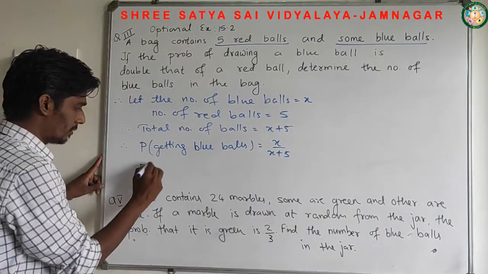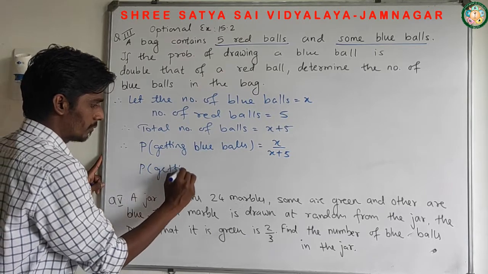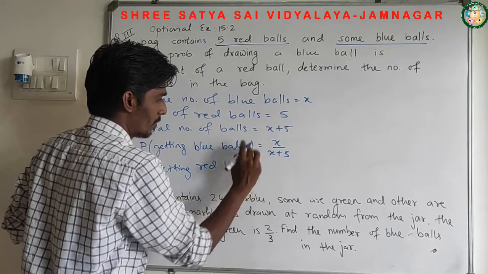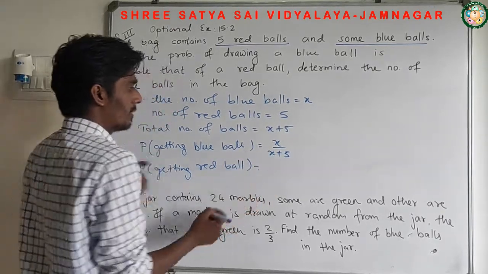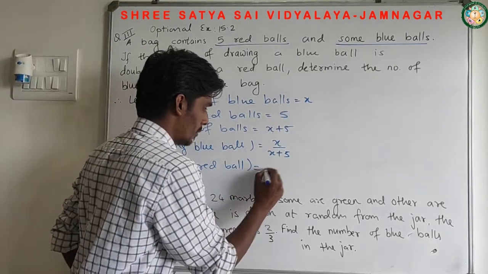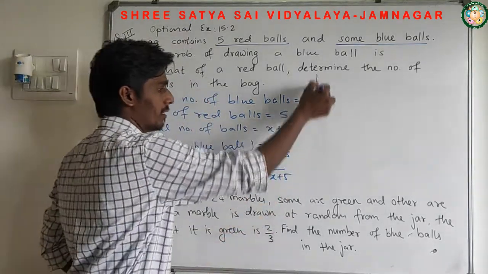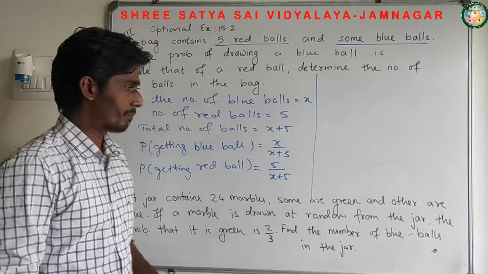Similarly, probability of getting red balls. How many red balls are there? 5. So it's 5 upon X plus 5. This is the first part of the solution, we are done.